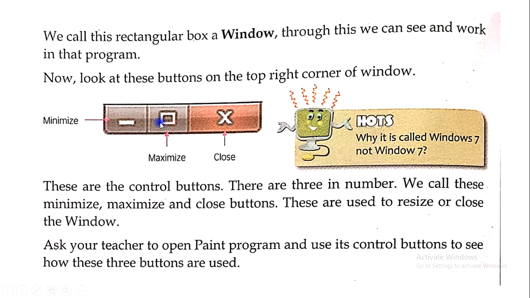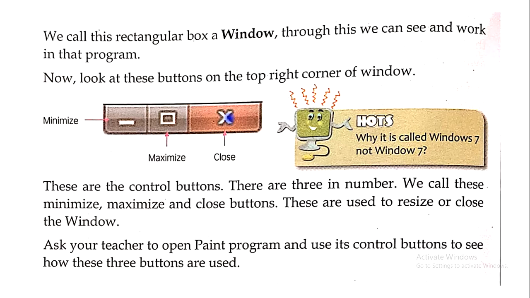Now, one small rectangular square-looking symbol is here, which is for our maximize button. And then in the last, the button with the red color and one cross in it. One cross means this is our X symbol, which we use in multiplication and also for showing wrong.